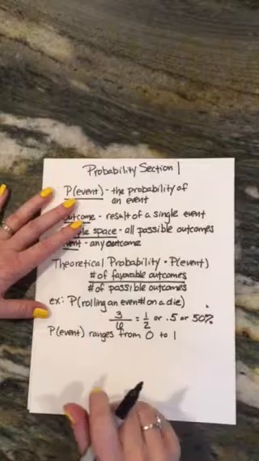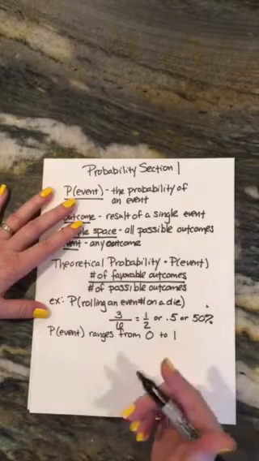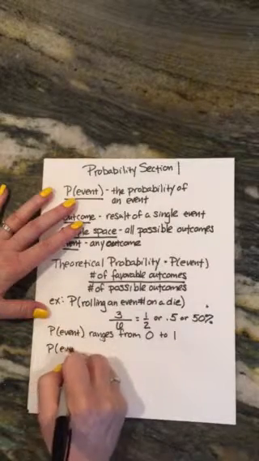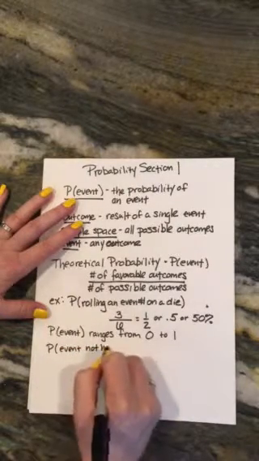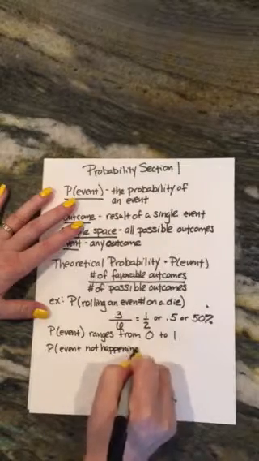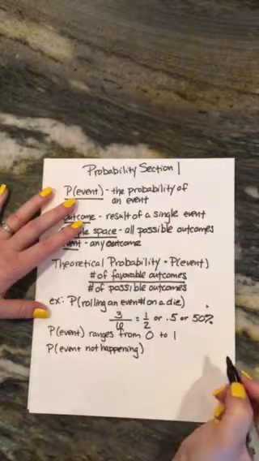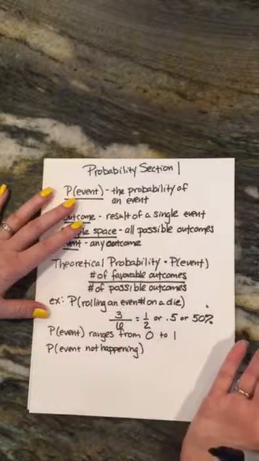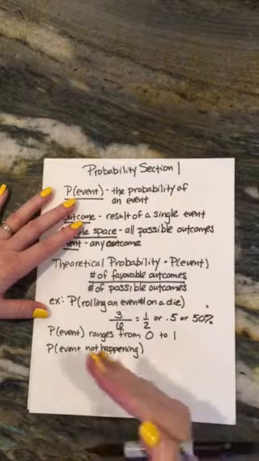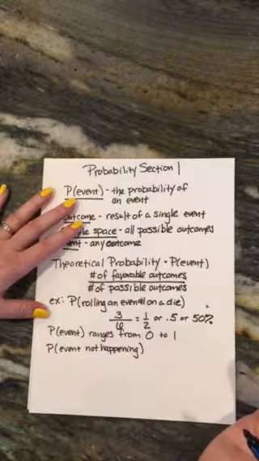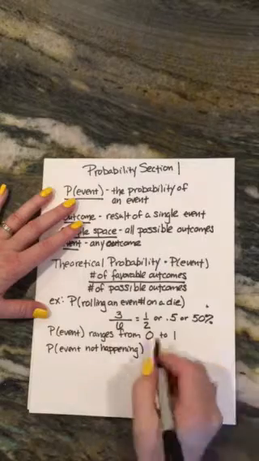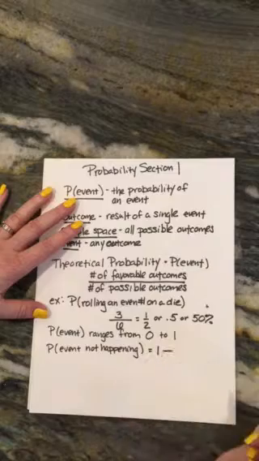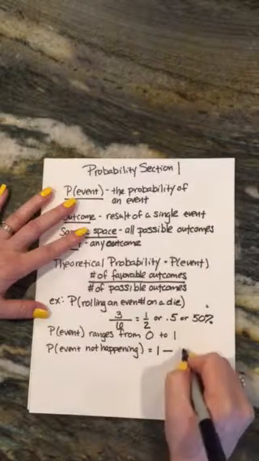All right, so let's talk about the probability of an event not happening. Well, what's the probability that the event will or will not happen? There's a 100% chance that it will or will not happen, right? That's our total. So we could say the probability of an event not happening is 1 minus the probability that it happened.